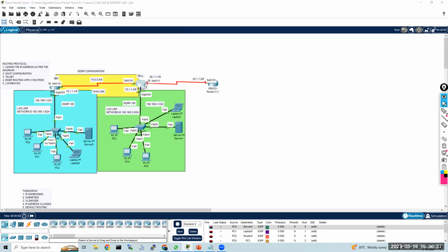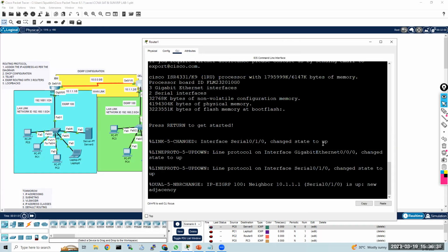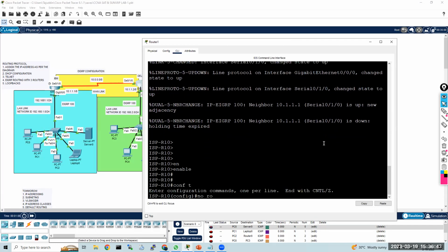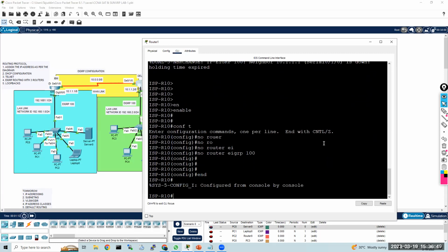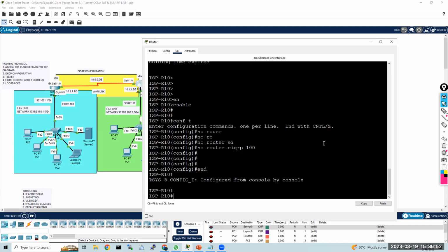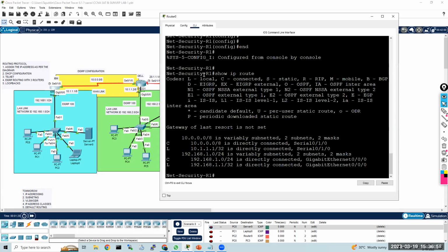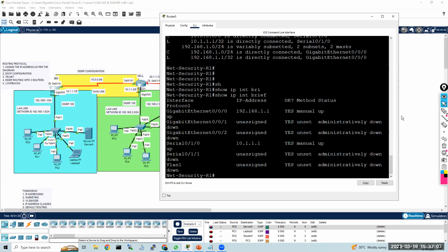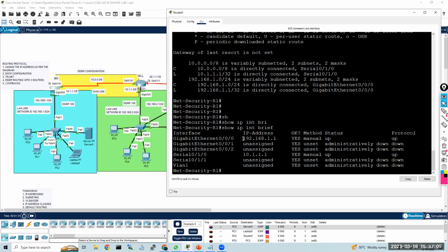Same thing I will do for this router as well: no router EIGRP 100. That's it. Show IP route. Now everything is removed. You can see the IP addresses are already assigned, and the one network and two network are running here.